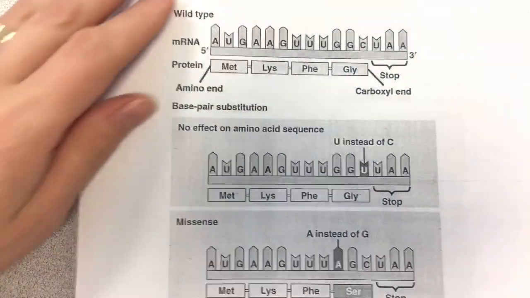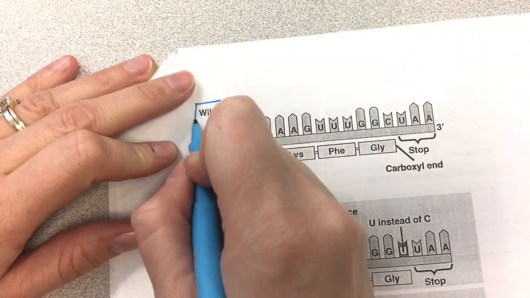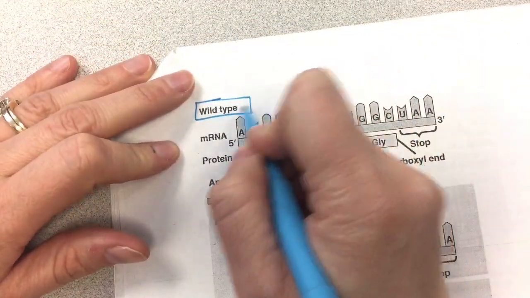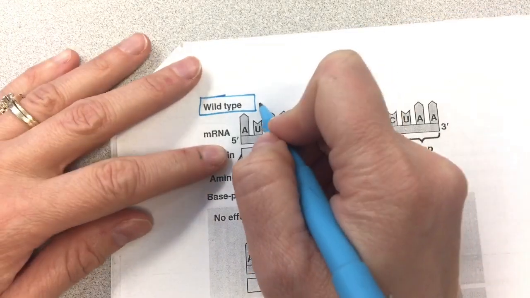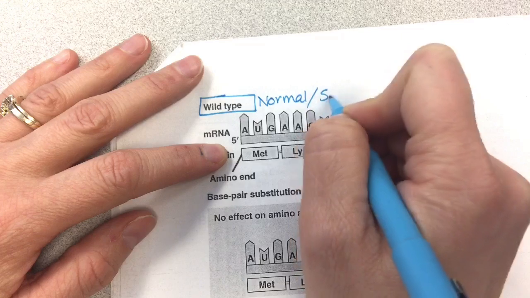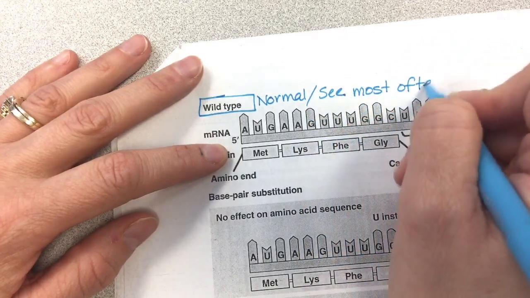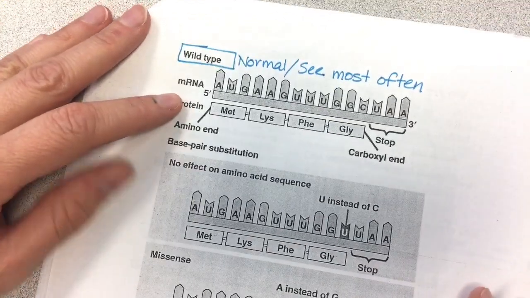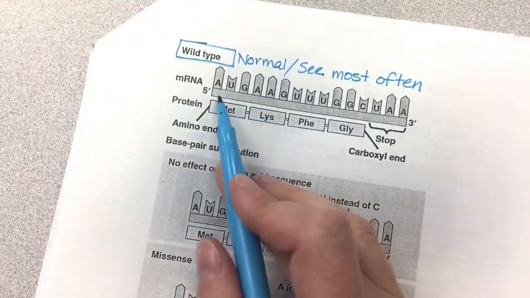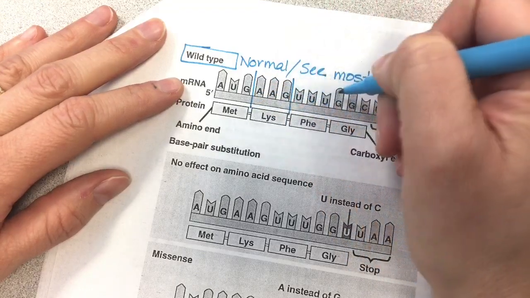All right, so let's flip it over here. So this picture here shows you the wild type again, and the wild type, remember, is normal, what we see most often. All right, so here's your mRNA, and so we read it in groups of 3, remember.